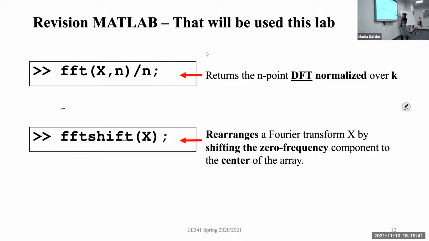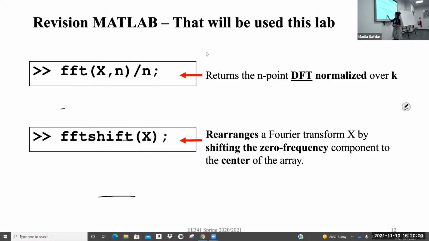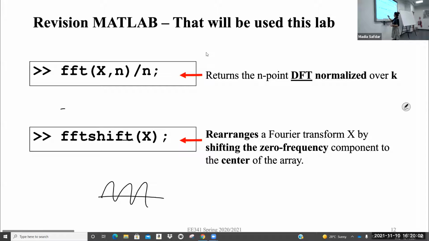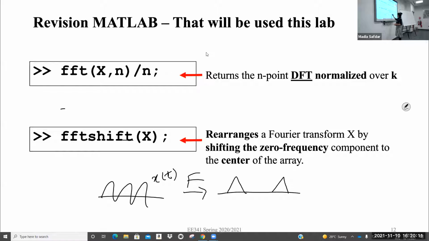Then this step. Can anyone tell me, since we have been doing this for three labs, what does FFT mean? What does it do with our signal? What is the output of FFT? For example, if I have my time domain signal, say this is x of t, and I transform it with Fourier, I will get something like this.